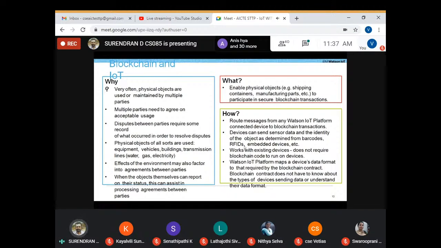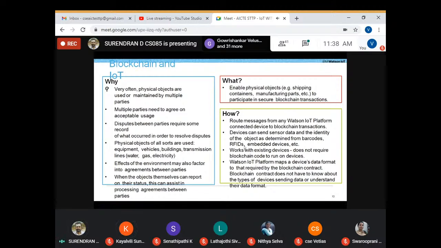This is where legal trials come in. An event has happened, and that event has a log, and resolving the conflict is purely dependent on the log. Physical objects are used as equipment, vehicles, buildings, transmissions, etc. The effect of the environment may also factor into agreements between parties. When the objects themselves can report on their status, this can assist in processing agreements between parties. Now is it clear?